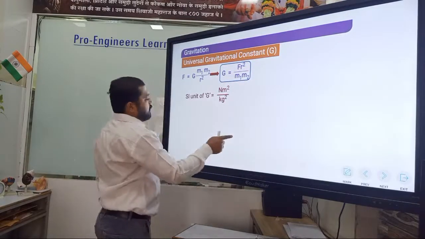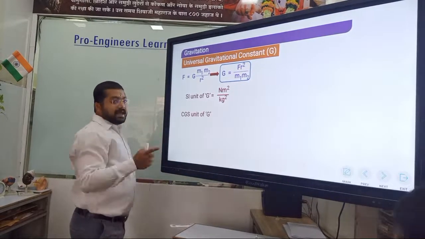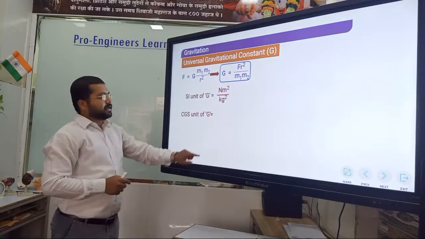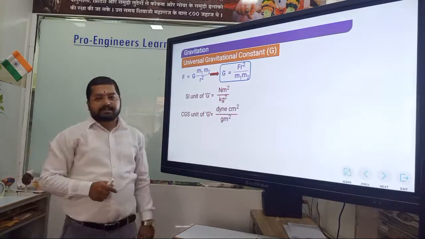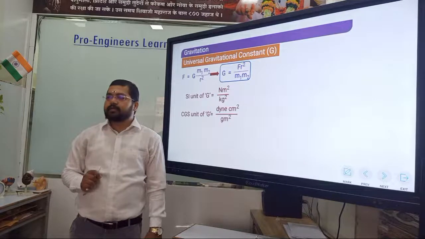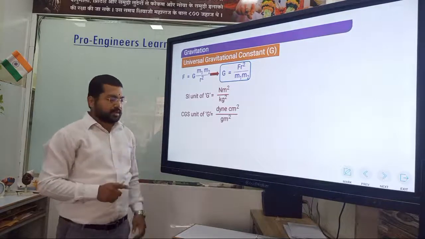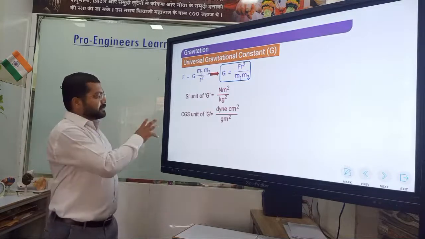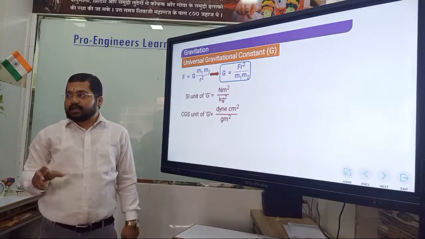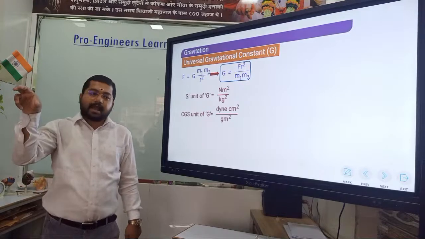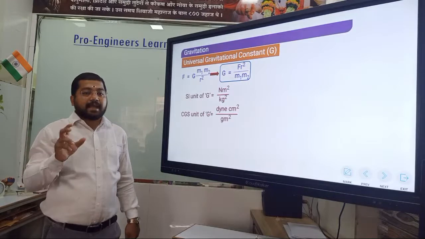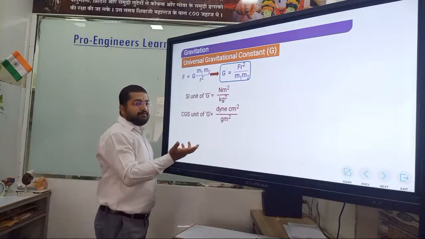Now, in examination they usually ask the CGS unit of G. So that is dyne centimeter square upon gram square. But again, instead of asking the CGS unit, they generally give you the CGS unit and ask you to find the dimension of it. So you might get confused.